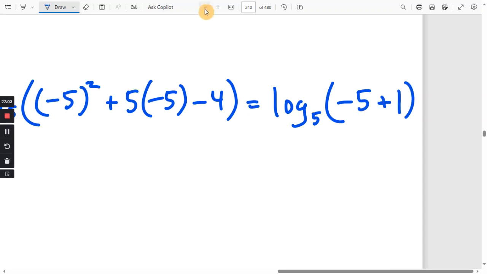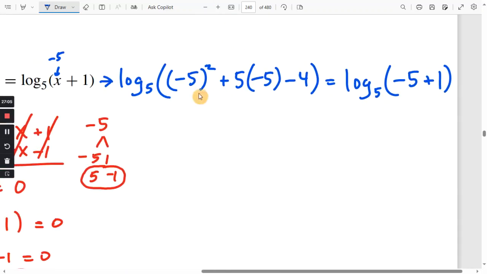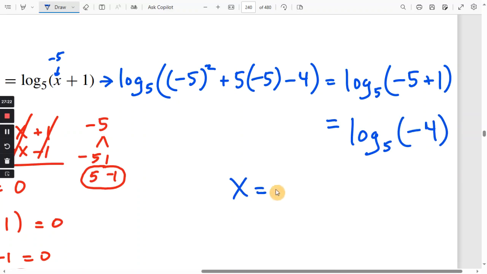All right, I can see already it's not going to work. I don't even have to do this side. Look what happens on the right. We have log base 5, and negative 5 plus 1 is negative 4. Can you take the log of a negative? No.